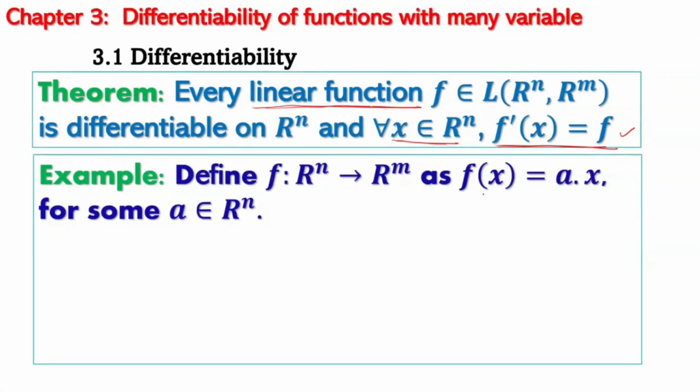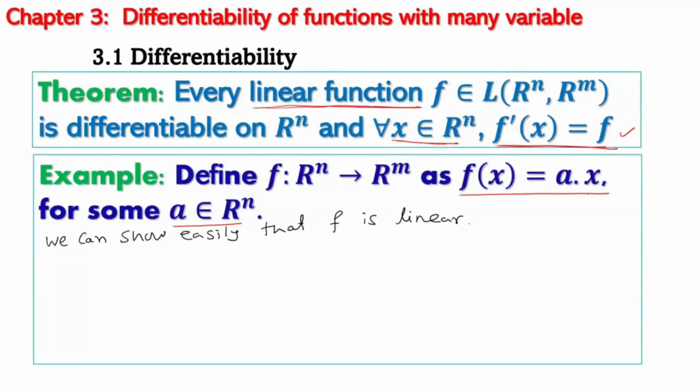Let f from Rn to Rm be defined as f(x) equal to a dot x for some fixed a belonging to Rn. Now we can easily show that f is linear. You can just take f(x plus lambda y) and use the distributive property of the dot product, and this function will be linear.